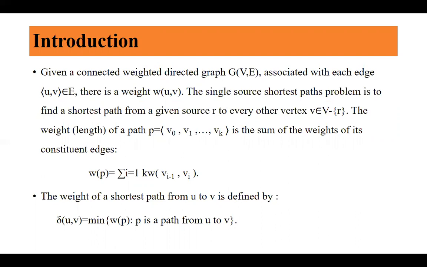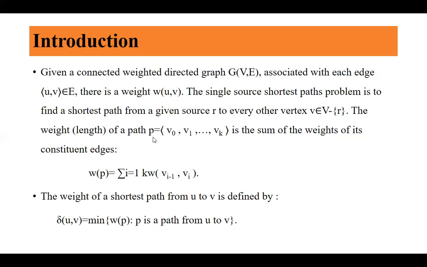The weight, that is the length of a path P, from vertex V0 to Vk is the sum of the weights of its constituent edges. The weight of the path P is the summation of the weights of the edges from vertex vi minus 1 to vi. The weight of the shortest path from U to V is defined by delta UV, which is equal to the minimum weight of the path P from U to V.